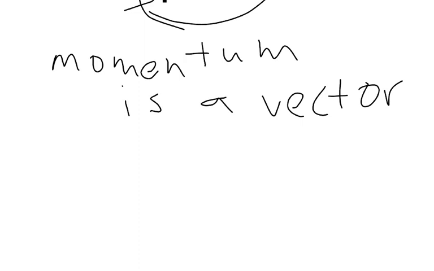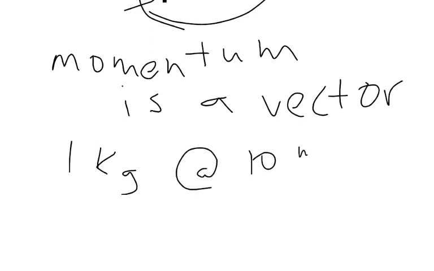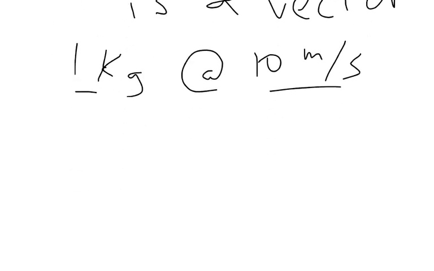So let's just say the momentum of an object, let's say 1 kilogram, at 10 meters per second. What's the momentum of that thing? Well, mass times velocity. The momentum would be 1 times 10.